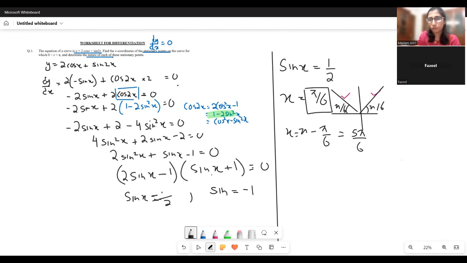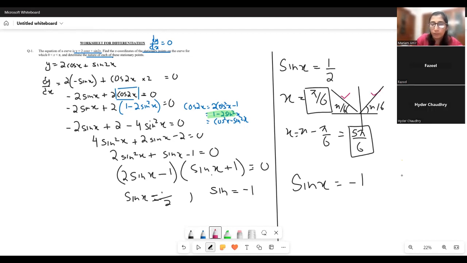So for half, we're getting two solutions in the first and second quadrant, pi by 6 and 5 pi by 6. And for the second value, sine x equals minus 1, sine is negative in the third and fourth quadrant. So this will give solutions in the third quadrant and in the fourth quadrant, which is not in the given domain.